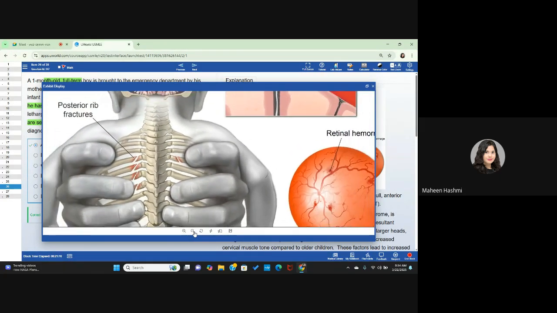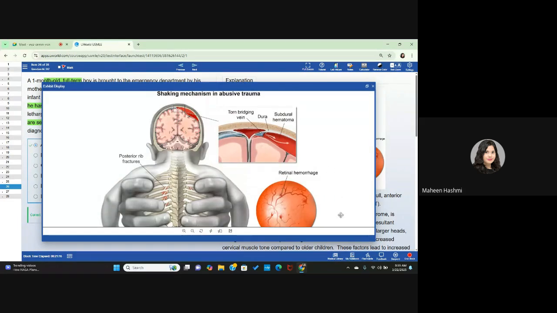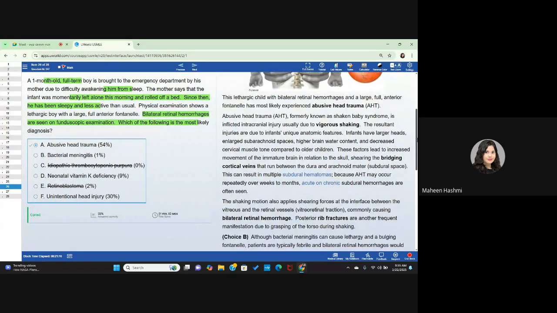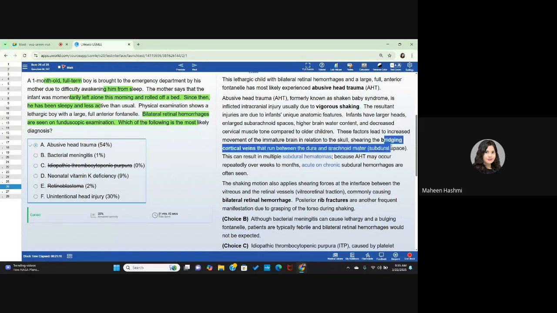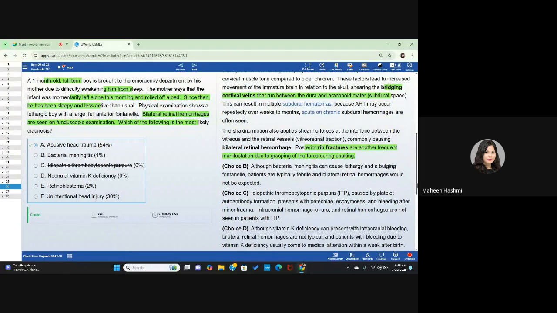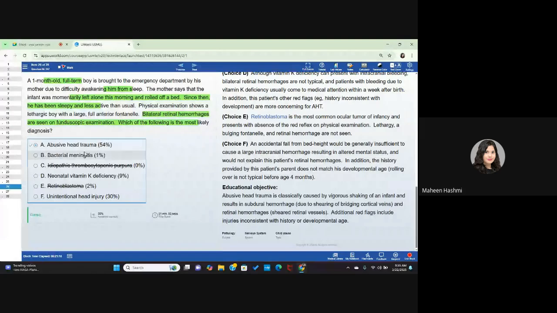Go for a CAT scan, it will reveal bilateral retinal hemorrhages, and there are again signs of child abuse, and you rupture the bridging cortical veins in that. Again, see posterior rib fractures. That is why you go for a skeletal survey. And second thing, you call for Child Protective Services. Very high yield for you to know.